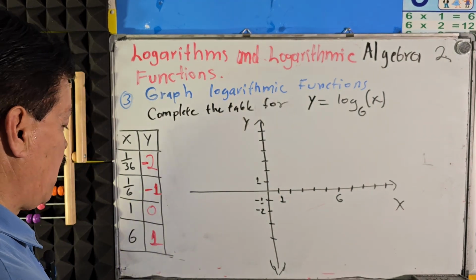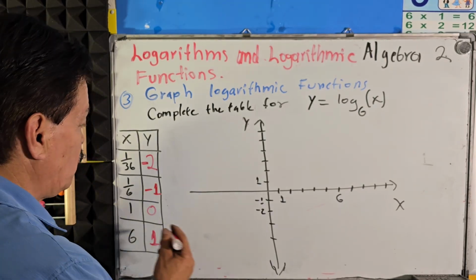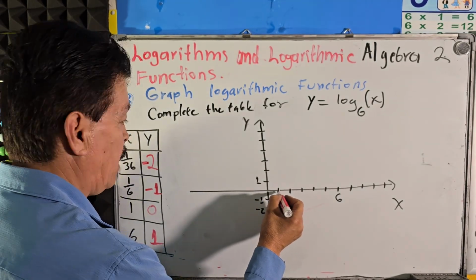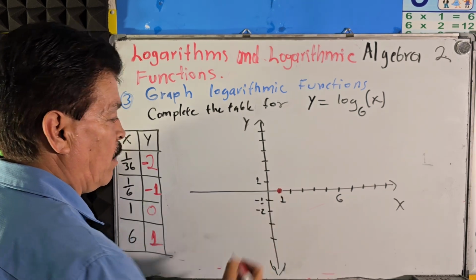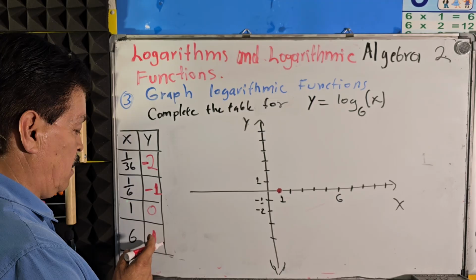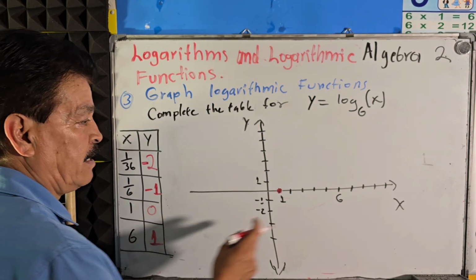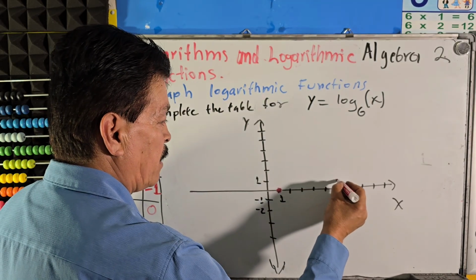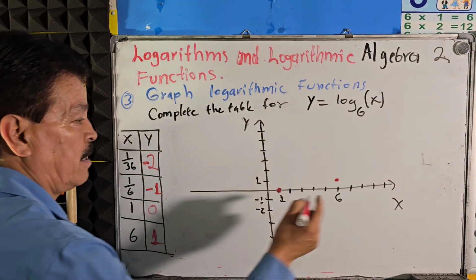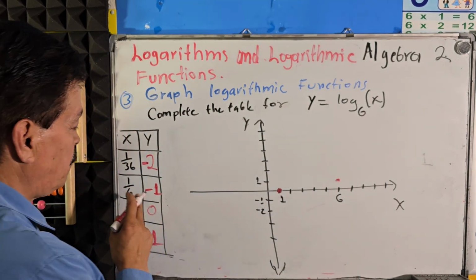Then for our graph, we look at the first one: 1 in x and 0 in y. I have 1 point right here. And then the other one is 6 in x and 1 in y, right here. The others are very small.